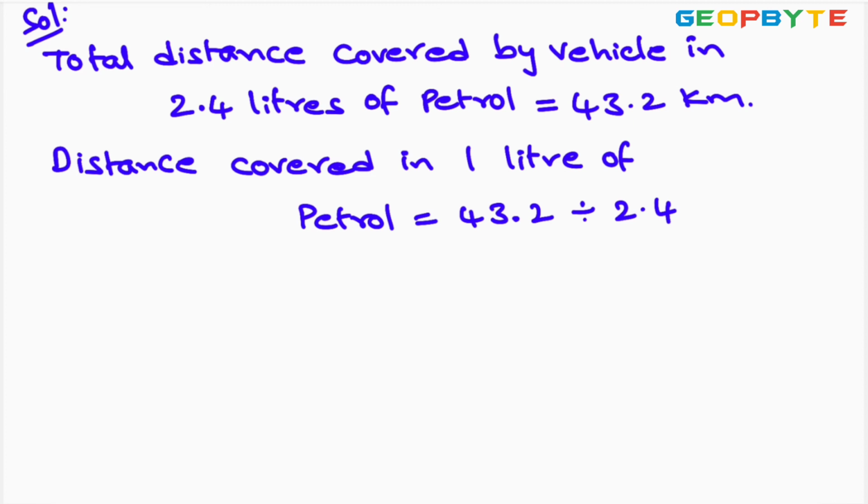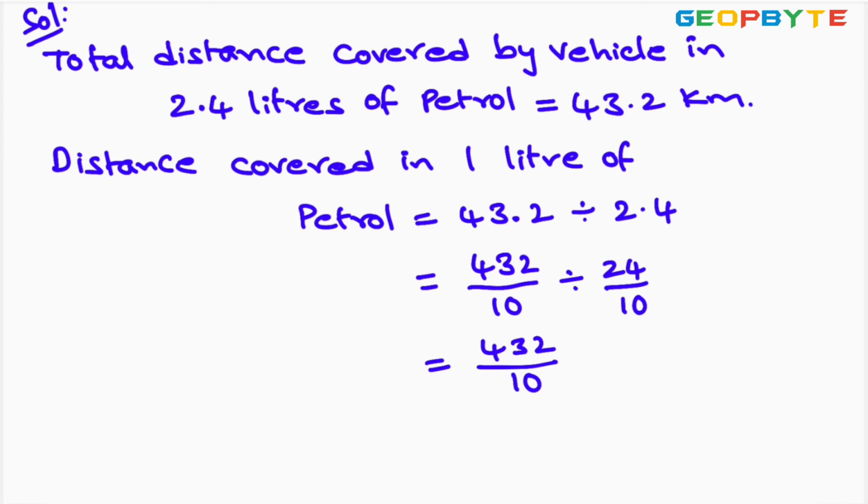Then that will be 43.2 divided by 2.4, which is equal to, so from 43.2 we need to eliminate the decimal point, so we can write it as 432 divided by 10 divided by, from 2.4 we need to remove the decimal point, then we can write it as 24 by 10, which is equal to, write down the first number as it is, 432 divided by 10.